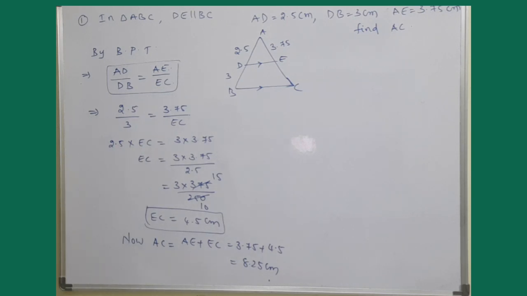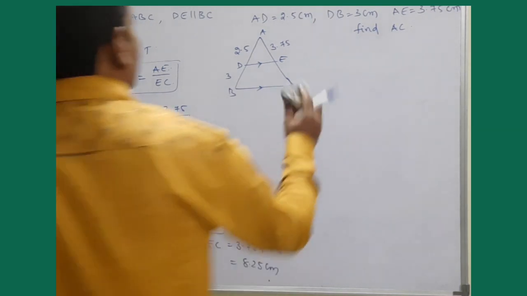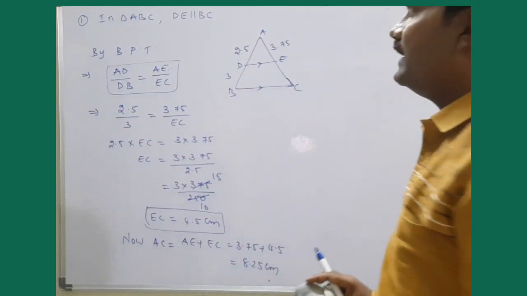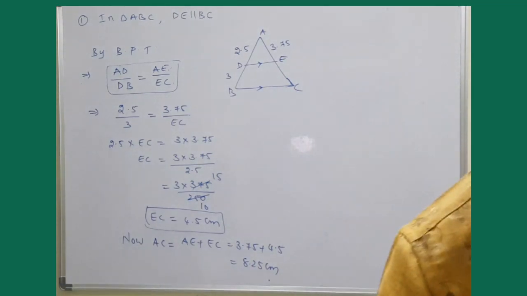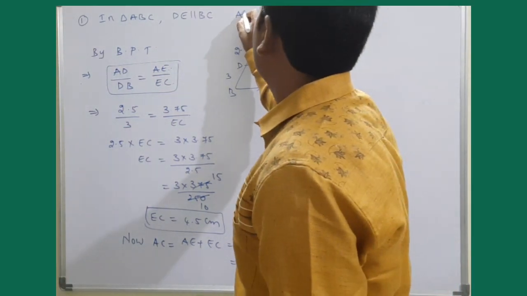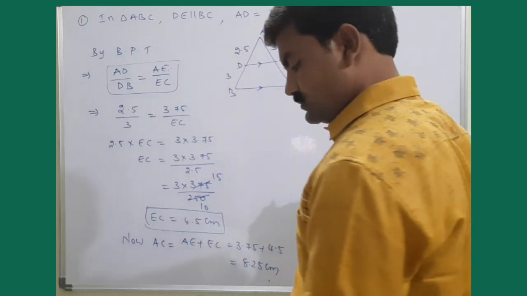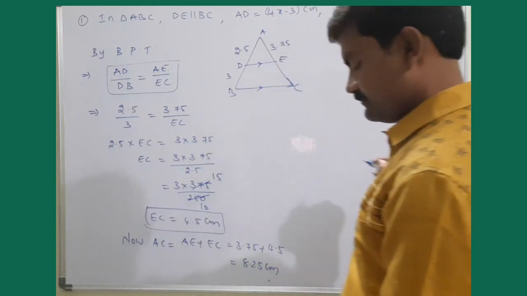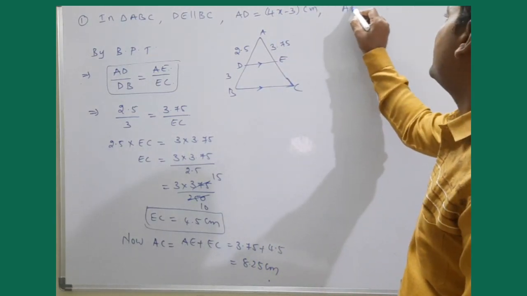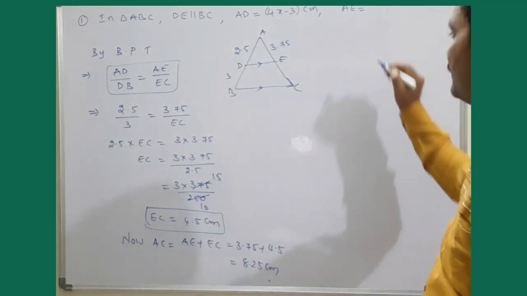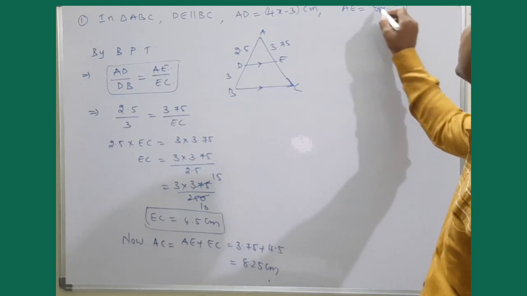Okay. For example, next question. So in triangle ABC, once again DE is parallel to BC, and this time AD is equals to, suppose, 4x minus 3 centimeters, and AE is equals to 8x minus 7 centimeters.